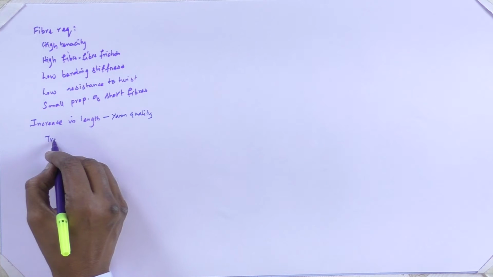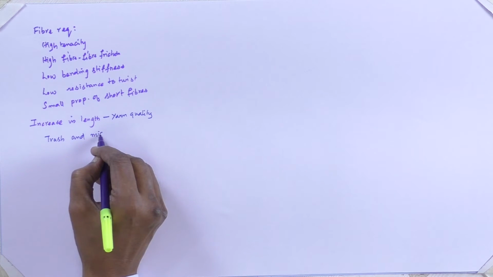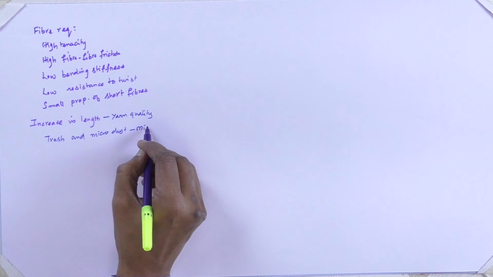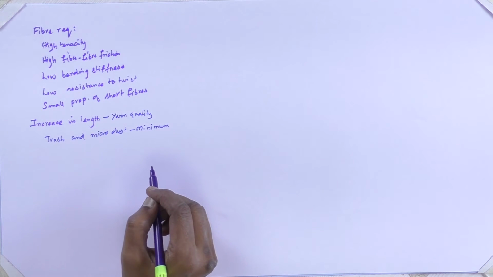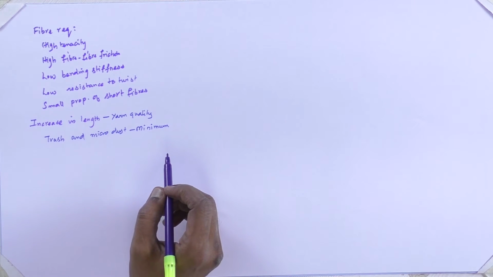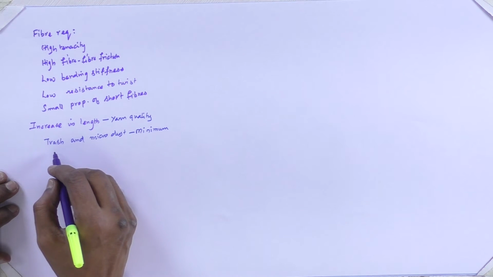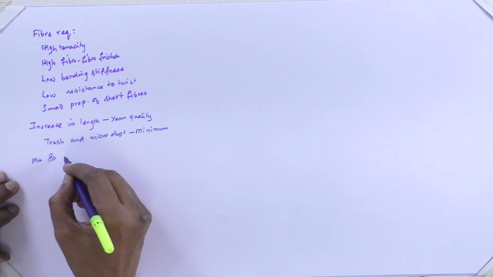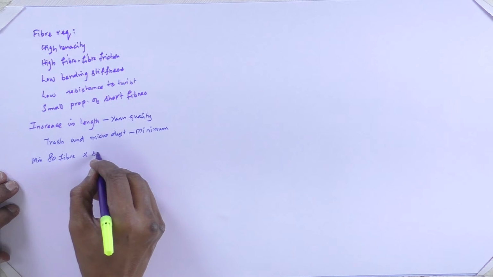Trash and micro dust should be minimum. The reason is the air vortex will get disturbed and the yarn formation may be affected very easily because of this. A minimum number of 80 fibers in the cross section is essential.